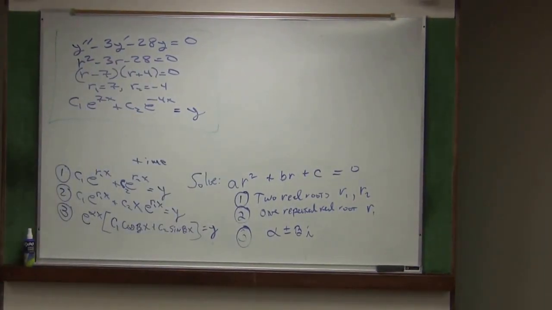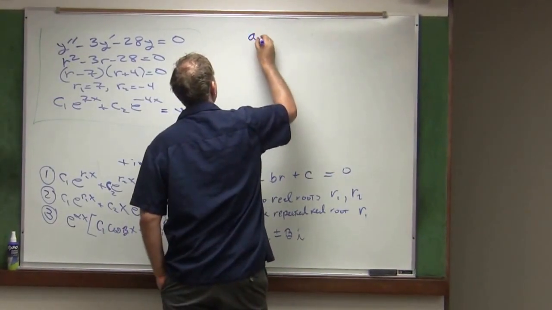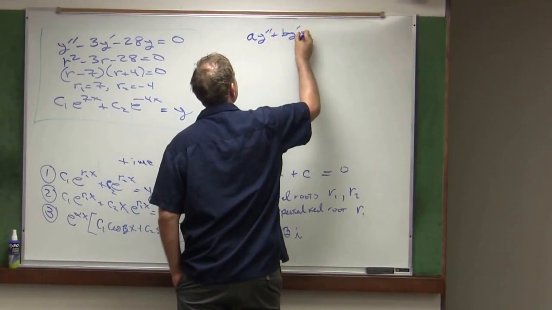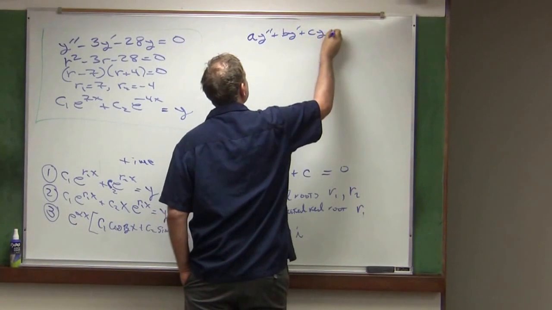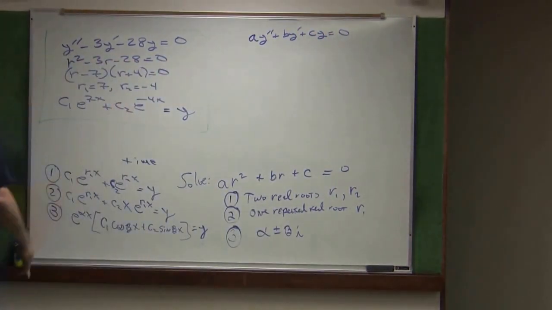You want to see the justification at least for part A. So let's say this is your equation, like a y double prime plus b y prime plus c y is equal to 0. Okay, so we claim that this is a solution.